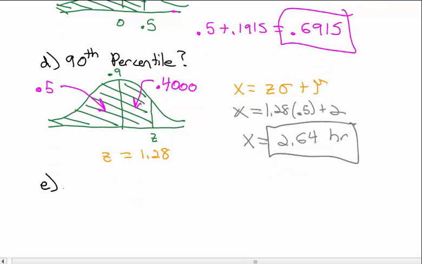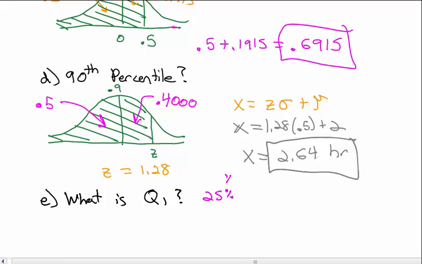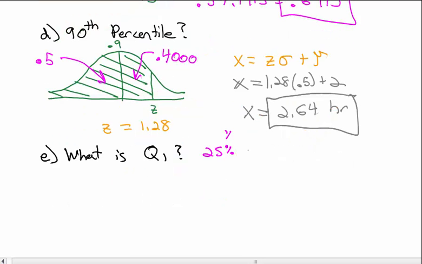One last example. We're going to find what is Q1. What is the first quartile of computers? Well, what does Q1 mean? Q1 means 25% of the data is below, 1/4. That's where the 1 comes from in Q1.